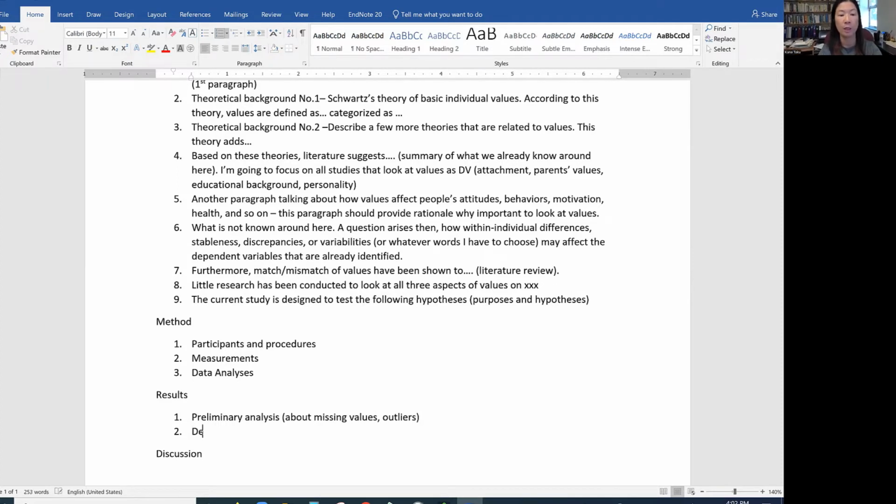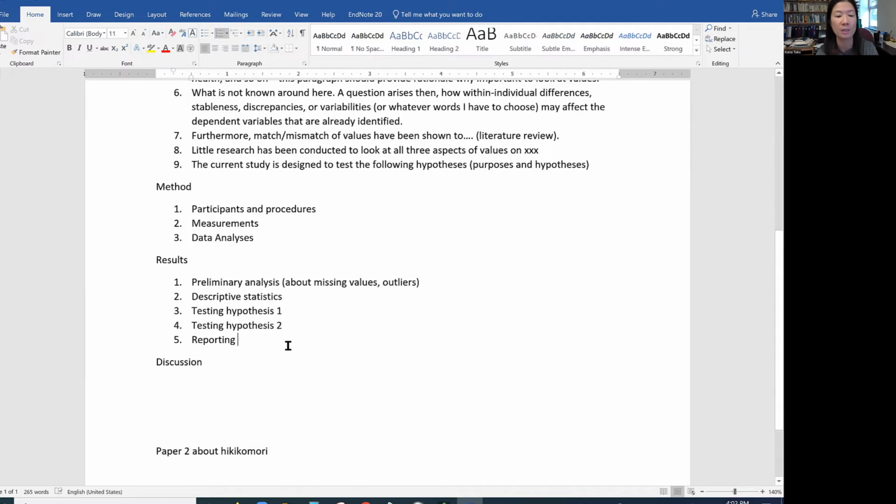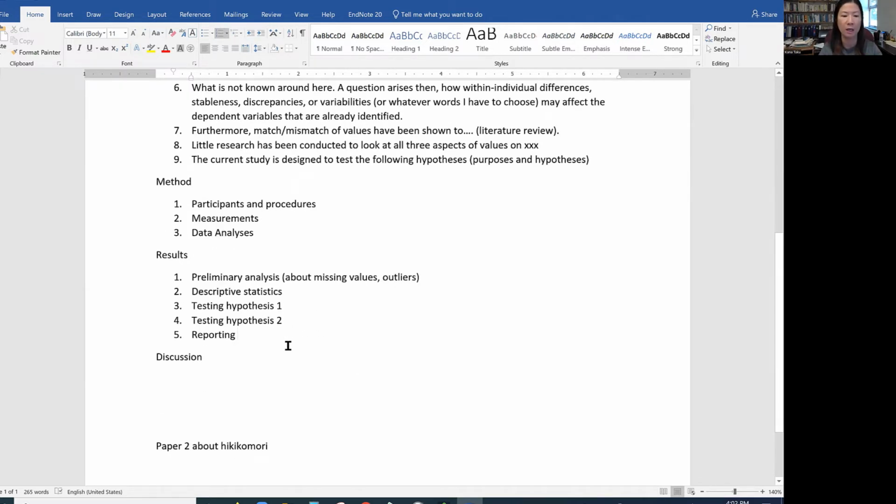Then report descriptive statistics to give an overall idea of what data we have, and then testing immediately Hypothesis 1. So that would be the main hypothesis, and then potentially hypothesis 2, or reporting not the most important or core findings, but some secondary results, if any. I'll do that.